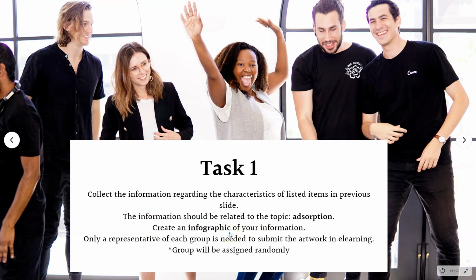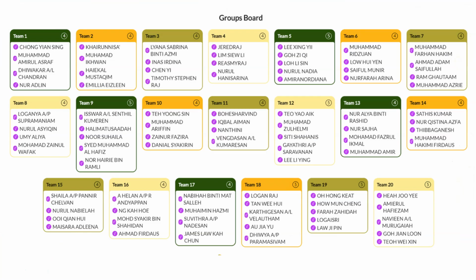infographic, and the groups are assigned randomly, and I already assigned a group for you. These are your groups for this assignment. There are 20 teams or groups, consisting of 4 to 5 people, working in a group, trying to find the solution or develop your infographic and submit.